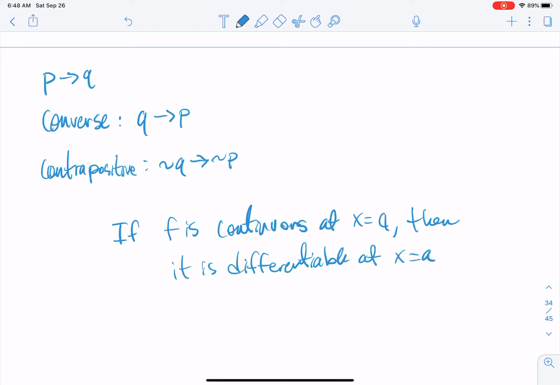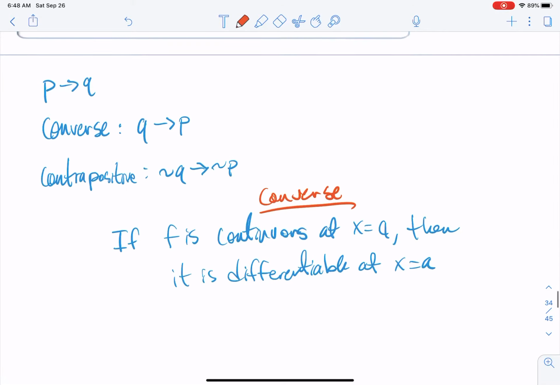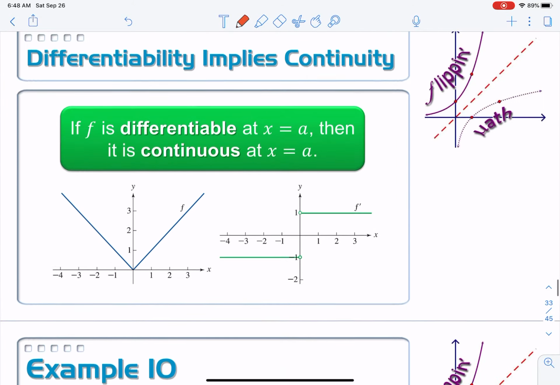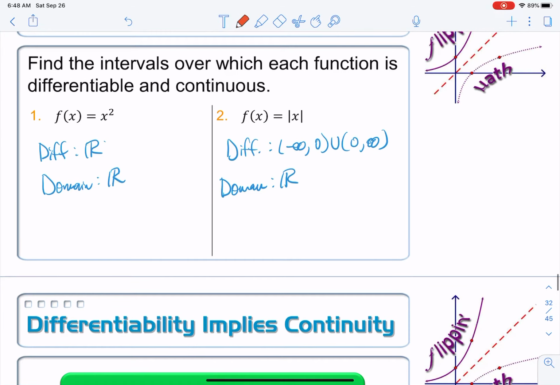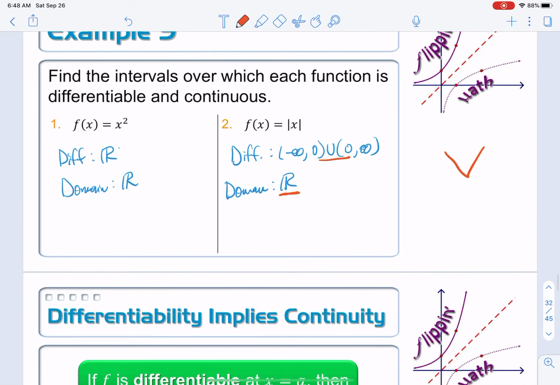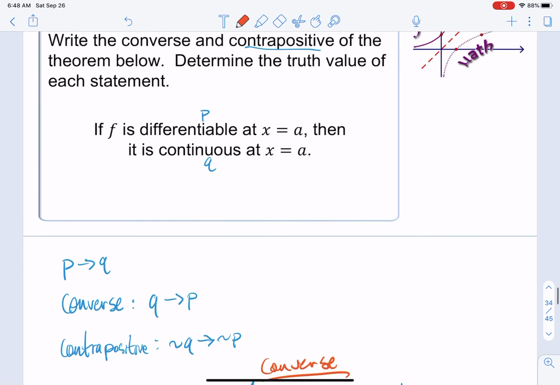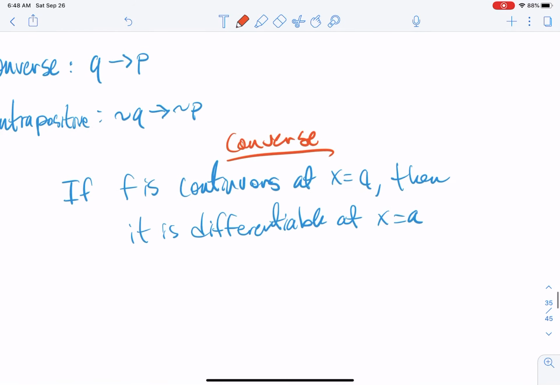Is that true or is that false? This is the converse here. Just because it's continuous, does it have to be differentiable there? Well, we've got an example right here that showed that that was not the case. This absolute value function is continuous everywhere, but the derivative does not exist there. Sharp turn. That's our counterexample to show that this thing is a big fat false.